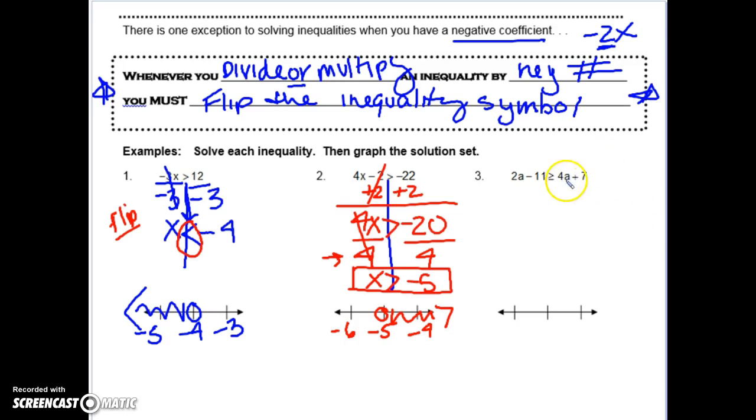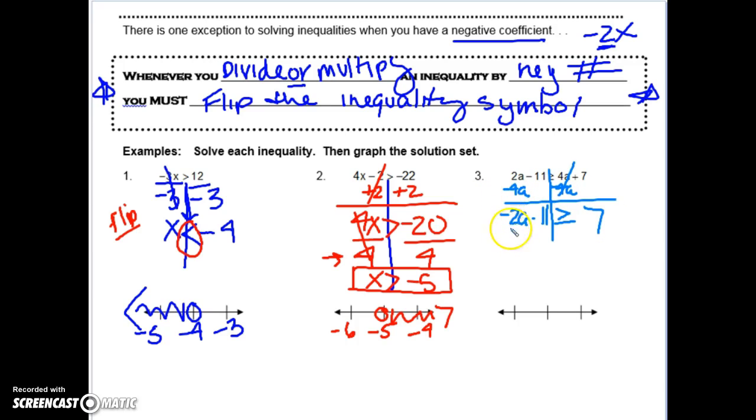Okay, next one, I've got variables on both sides, so this one's going to be a doozy. So I have, draw my line. My first step, I want to try to get these a's together. So I'm going to subtract 4a on both sides. So I have -2a minus 11 is greater than or equal to 7, because all I did was subtract here.